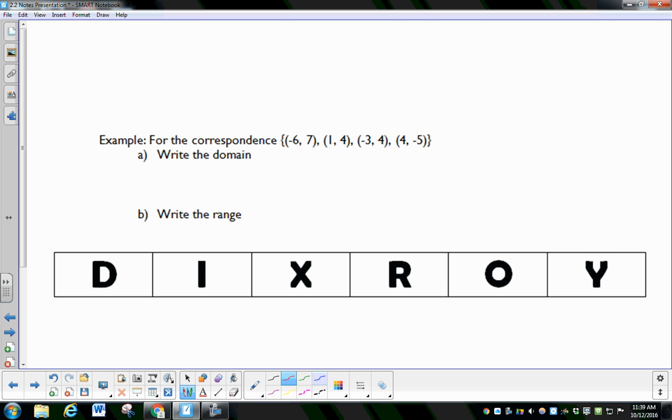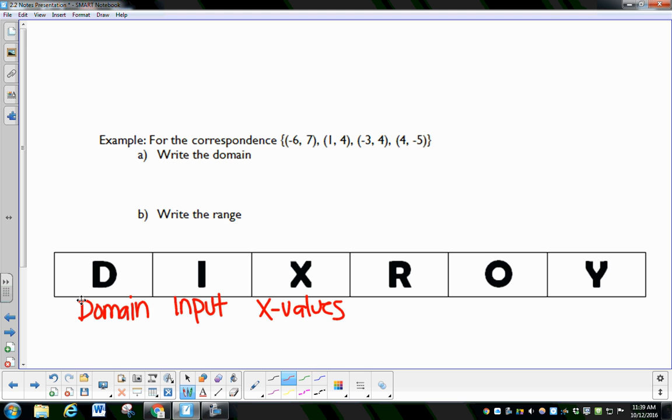That's the input. So I put this little thing here. This always helps me remember domain and range. Dix-Roy. You could write it maybe right below, a good place to fit it. So you can remember that the domain is tied to the input, which is the x values.